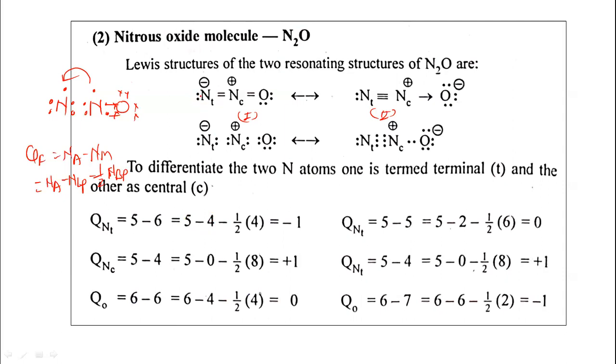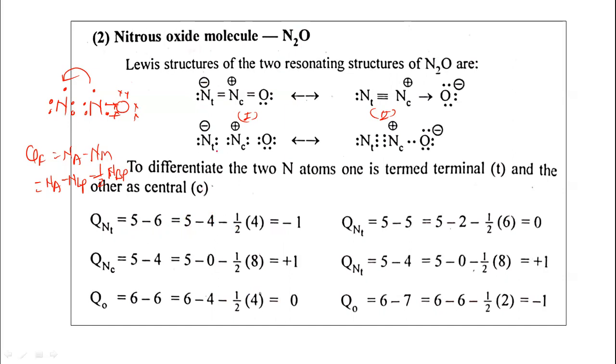This is 2 and this is 2, so 4. Minus 1 by 2 into the number of bonding pair electrons. Two bonds are there, 4 electrons; 1 bond, 2 electrons; 2 bonds, 4 electrons. So 5 minus 4 minus 2 is minus 1. In this way we can calculate the formal charge on the terminal nitrogen atom.